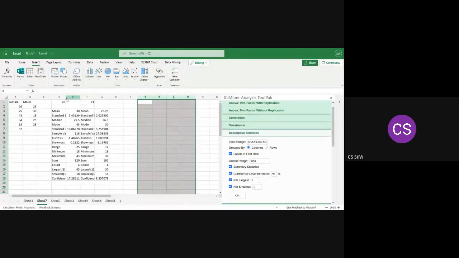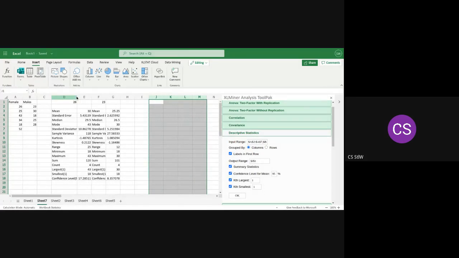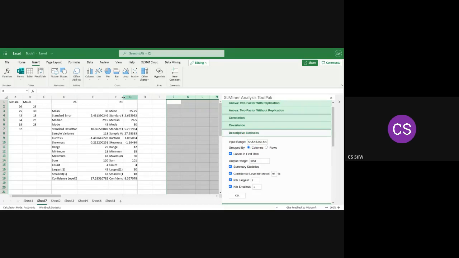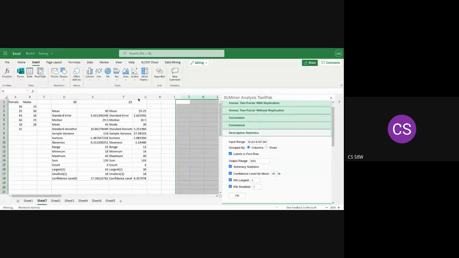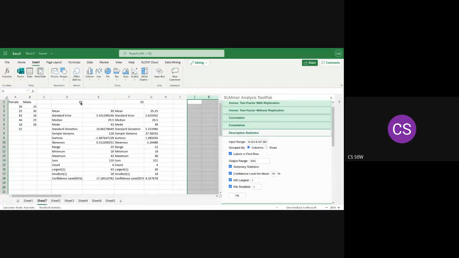So yeah, let us come to our output and see what it has given us. So for column A, I'm just expanding. The first value is 26, it shows us that the mean is 30, the standard error is 5.43, and etc. And then the median is 29.5, and then the mode is 43, standard deviation.